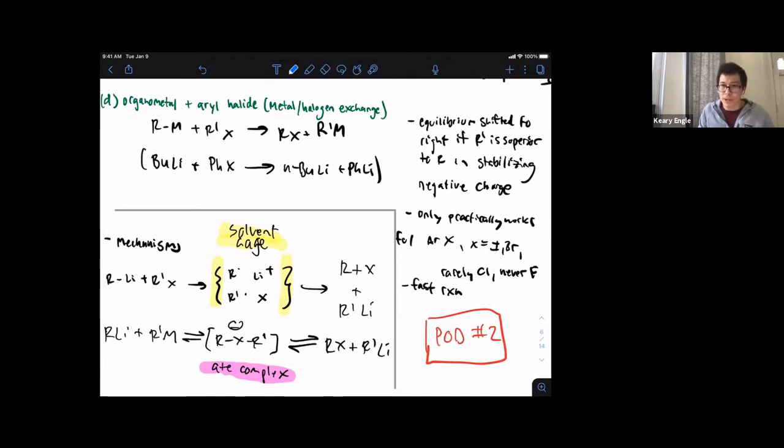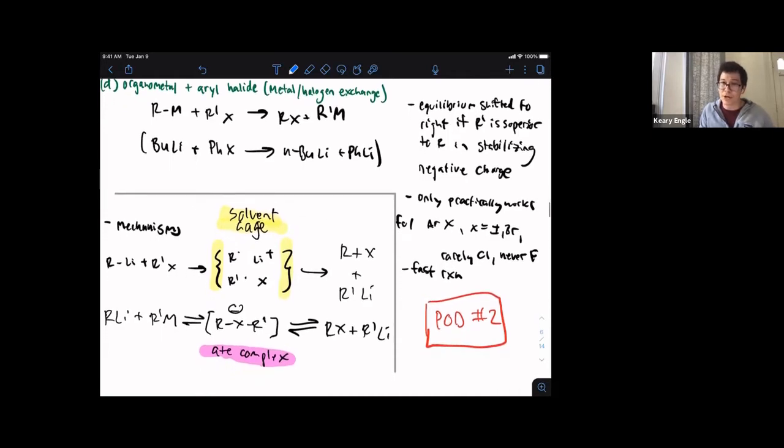I imagine many people in the class have done this sort of transformation where you can take, for instance, sec-butyllithium or tert-butyllithium plus a haloarene, and typically the halide should be bromide or iodide. Chlorides typically don't work, and fluorides rarely work in this chemistry. You can just assume they never would work due to competitive benzyne formation.